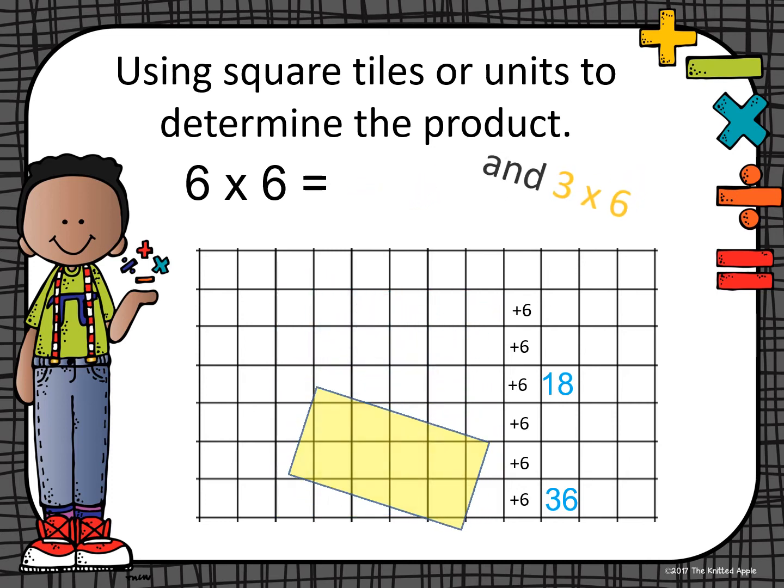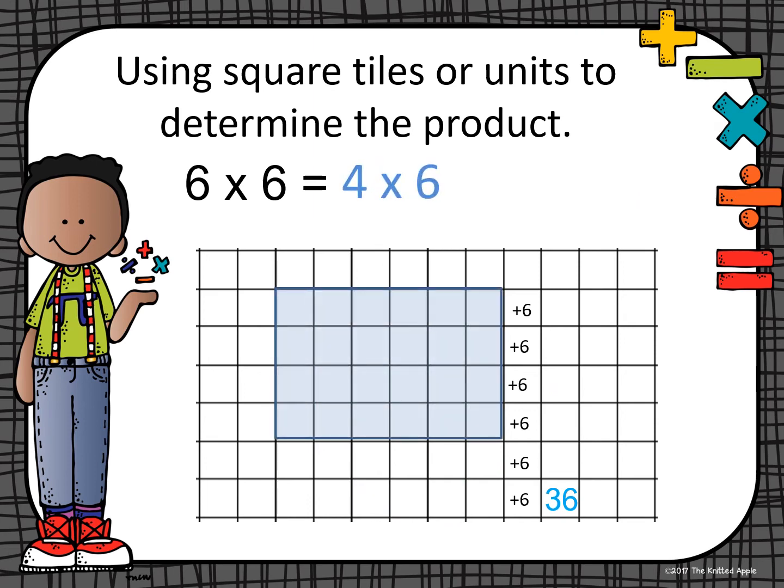Now, I could also look at it this way. Let's take 4 rows of 6, and 6 plus 6 is 12, and 6 plus 6 is 12. Together, those would be 24. However, if I add another 2 rows of 6, now I have my 6 rows of 6.